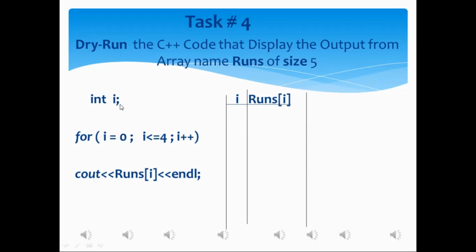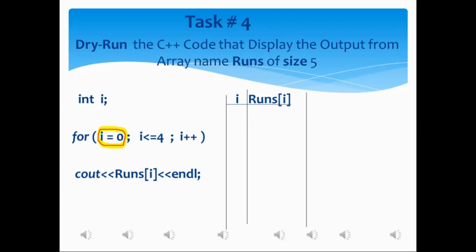Right, sir. After the execution of this declaration statement, the control of execution will be shifted to the initialization statement within the for loop statement. Can you watch over there?